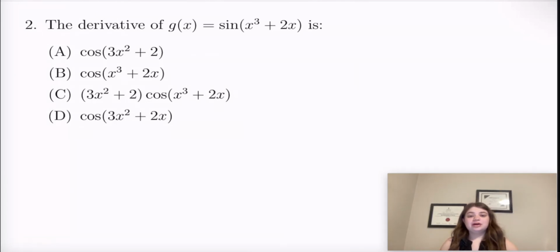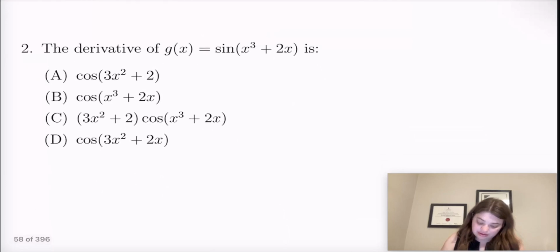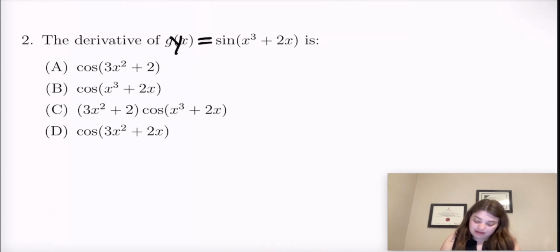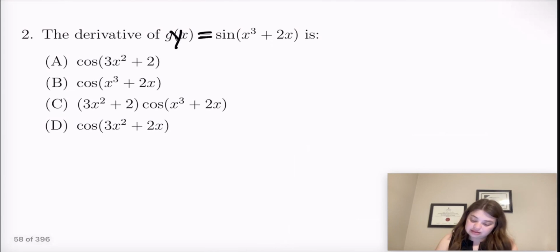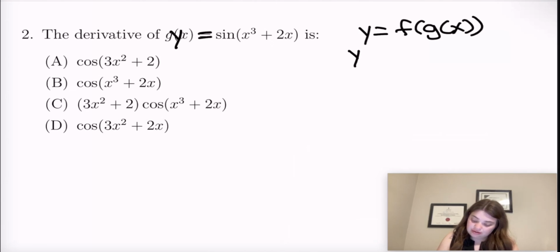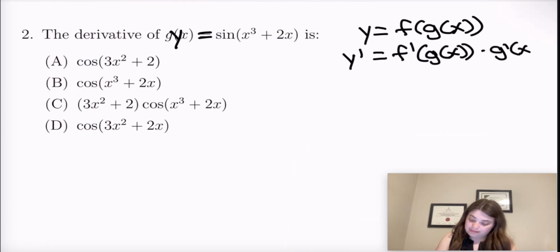All right, so next I'm going to find the derivative of this one as well. This one is g of x equal to sine of x cubed plus 2x. Let's let g of x here equal y once again. If y is equal to f of g of x, then the derivative of y is going to equal f prime of g of x times g prime of x.